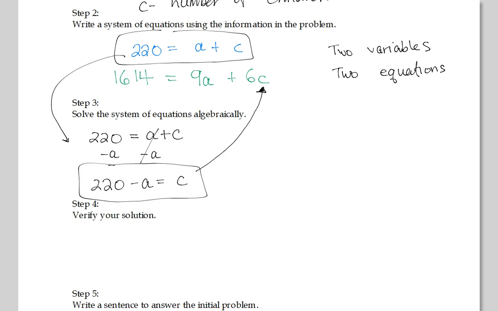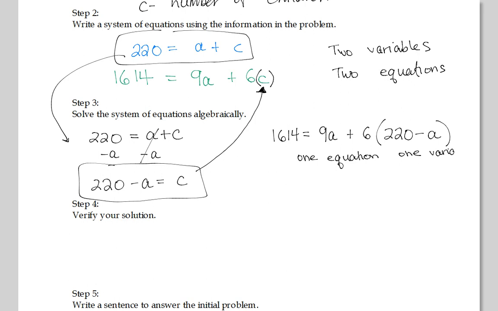Right here, right where you see this C. So now rewrite the second equation: 1,614 equals 9A plus 6C, but C is going to be written as 220 minus A. Now we have one equation, one variable, and that's what you need.